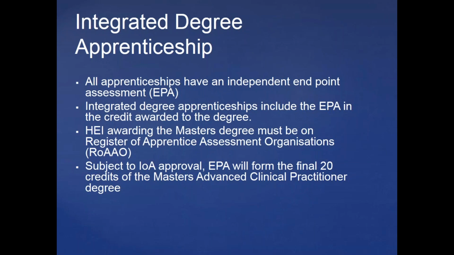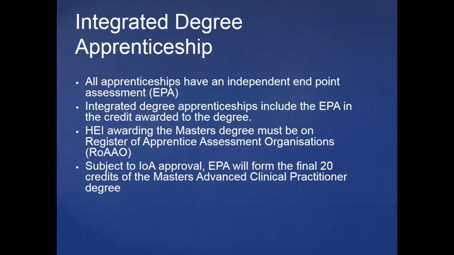So it's a part of the degree as opposed to separate to the degree. In a non-integrated, then obviously the apprentice would do the entire degree, and then they would take the endpoint assessment, having already got the degree, the title of the degree, and then the assessment is separate.